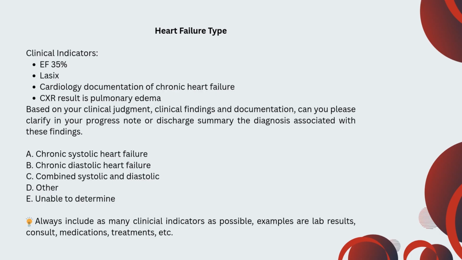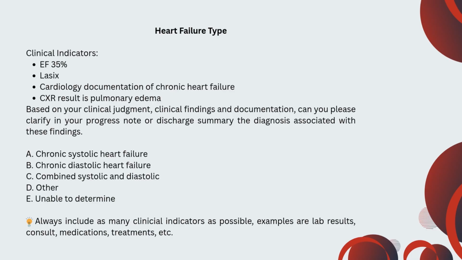Heart failure type. Clinical indicators: EF 35%, Lasix, cardiology documentation of chronic heart failure, chest X-ray result is pulmonary edema. Based on your clinical judgment, clinical findings, and documentation, can you please clarify in your progress note or discharge summary the diagnosis associated with these findings?